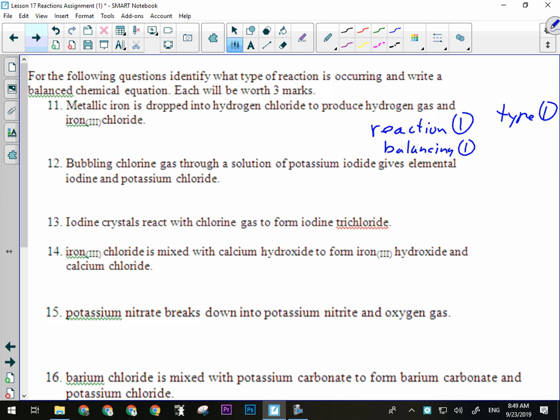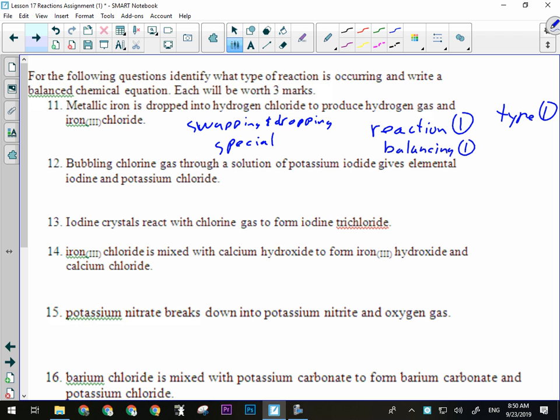Now, this one, guys, is one of those ones where if you're not careful when you're writing out the reaction, you will not get the balancing mark either. Okay, so if you make a mistake on a drop and swap, or you forget about special elements, you're not going to get the balancing right. The best you'll be able to hope for is 1 out of 3. So make sure that in this section you are swapping and dropping, and looking for special elements.